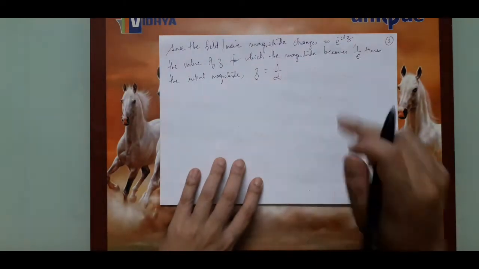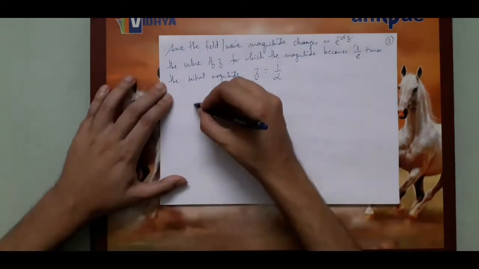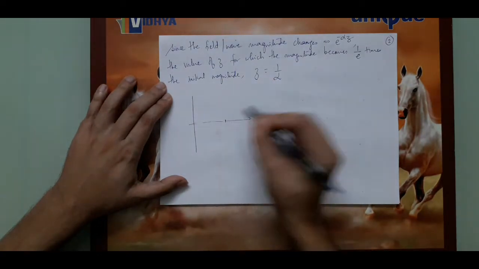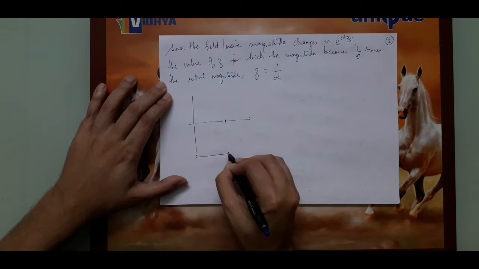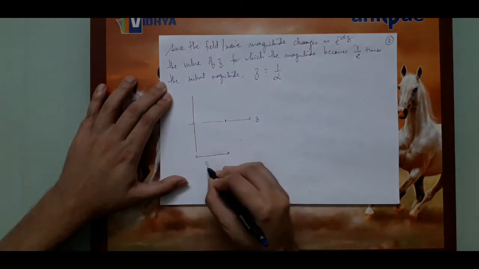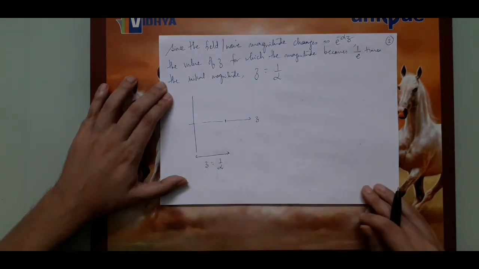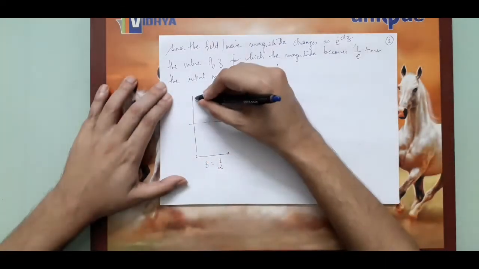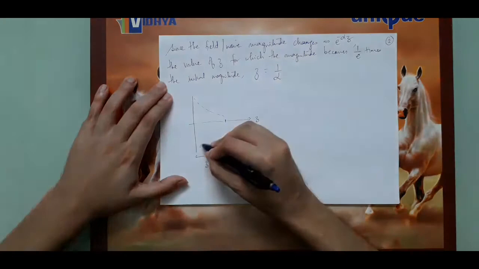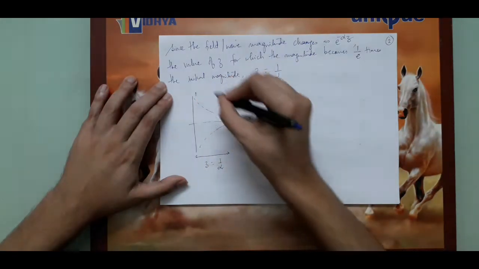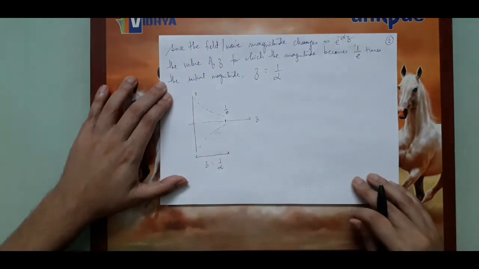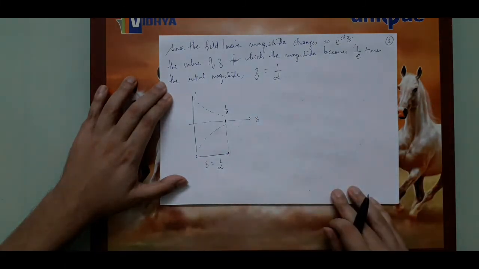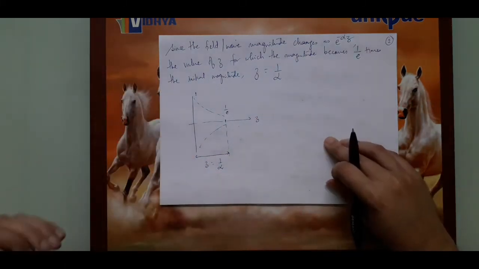Now this distance, that is like saying I have this conductor boundary, a distance equal to 1 by alpha, where the magnitude essentially becomes 1 by e times the initial one. Let us say this is 1, this is 1 by e. This distance has a very special name.